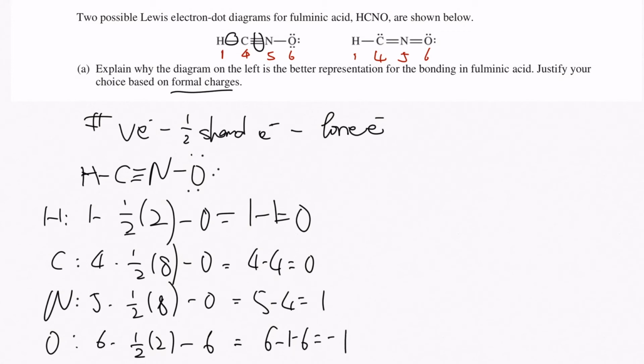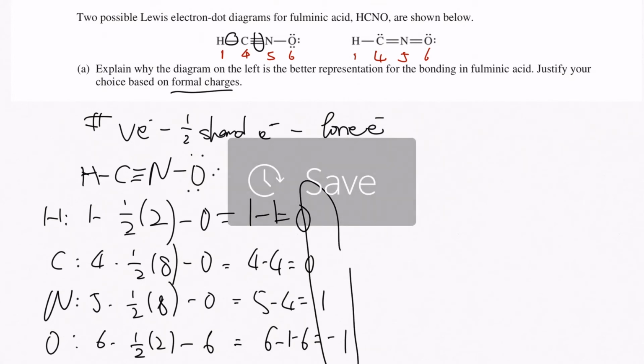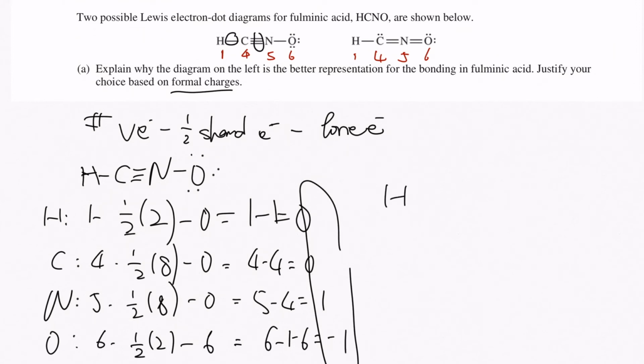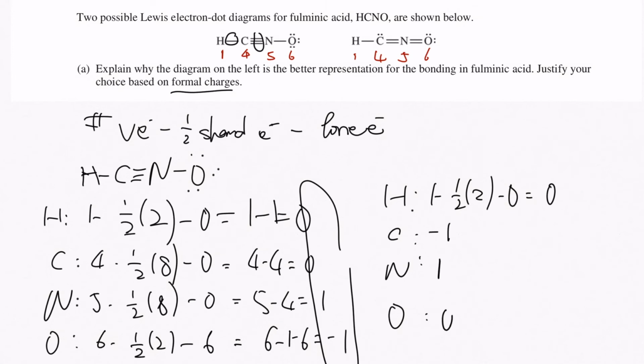So this is the formal charge for this part, and for the other part it's the same atoms, and for H it's 1 minus 1/2 2 minus 0 equals 0. For C it's -1, for N it's 1, and for O it's 0.